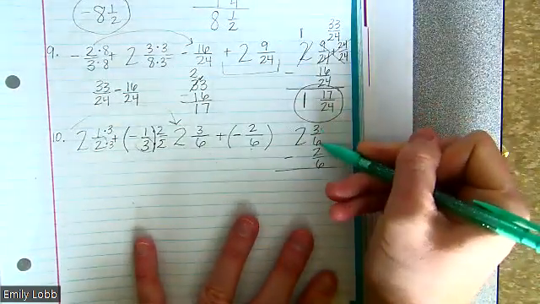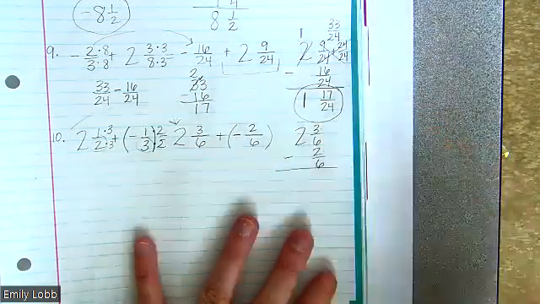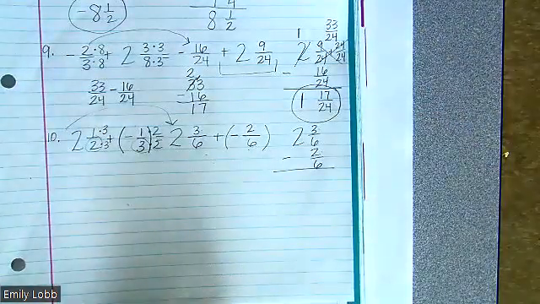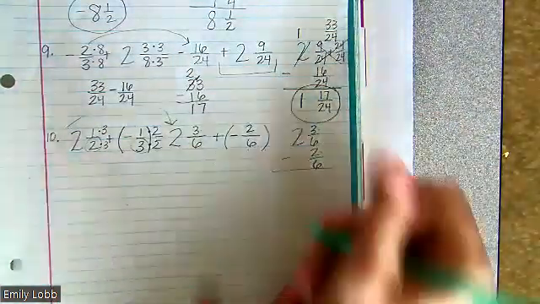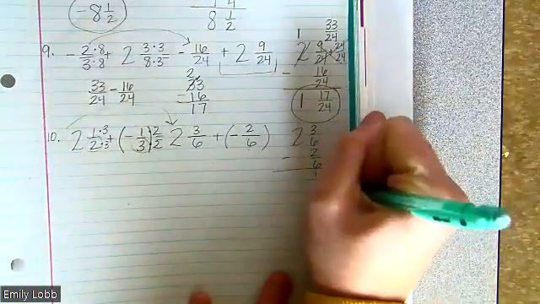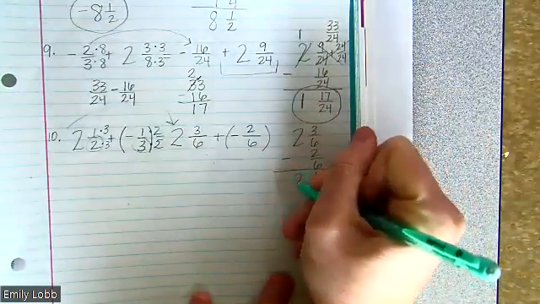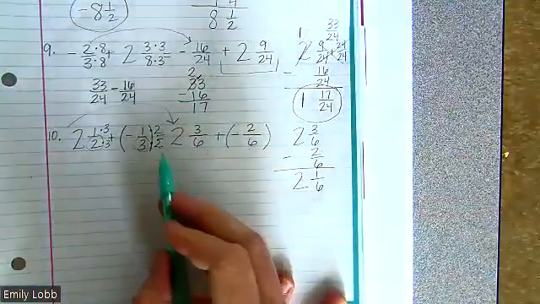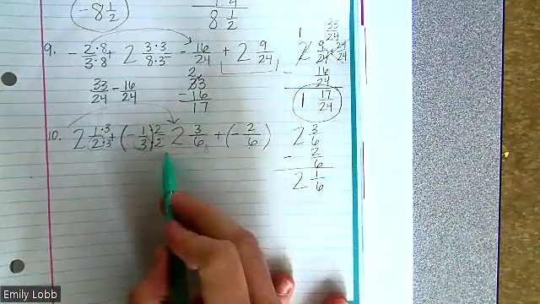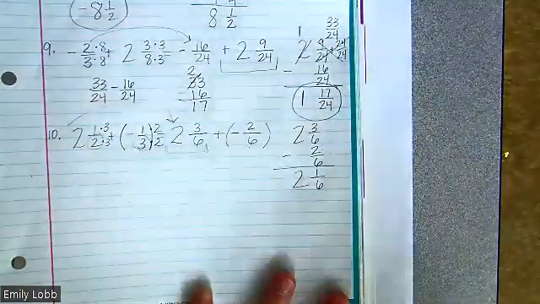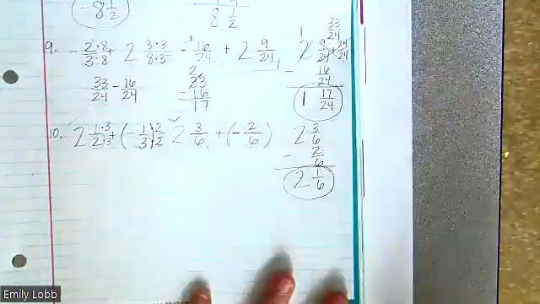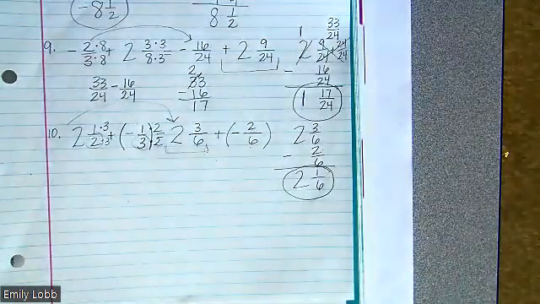If I have 3 of something and I take 2 of that something away, how many of that something do I have left? 1 of those somethings, and it was out of 6. So 2 minus nothing is simply 2. Now just double check, is my bigger absolute value positive? Yes, so I'm keeping it positive. That one was probably our easiest one, I feel.